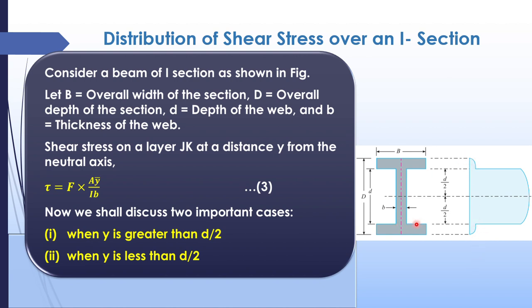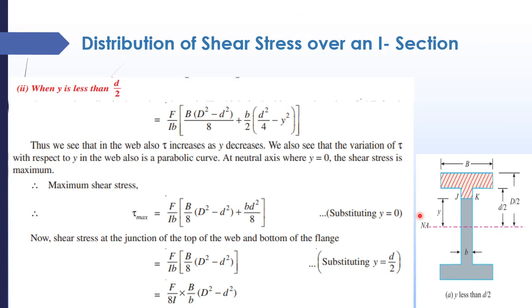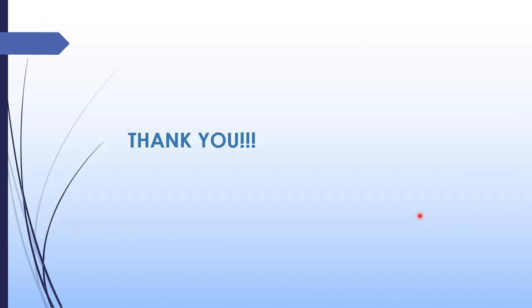At the joining point between the web and flange, it will be somewhat constant. At this point it will be this value itself, and here it will be maximum. So the shear stress distribution diagram for an I section will be like this. Okay, so this is about the distribution of shear stress over a beam section. Thank you.